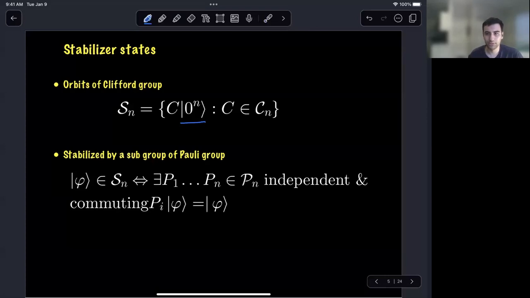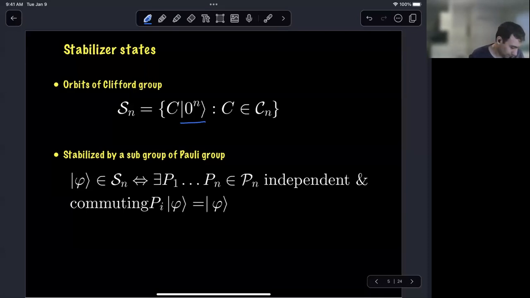The second definition, which is equivalent, again has a more algebraic nature. It says that the stabilizer states are the states that are stabilized by some subgroup of the Pauli group.